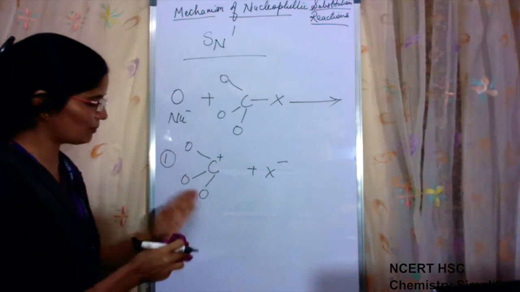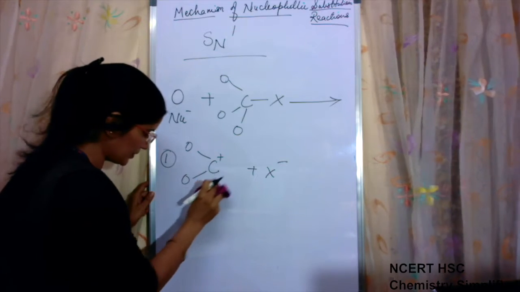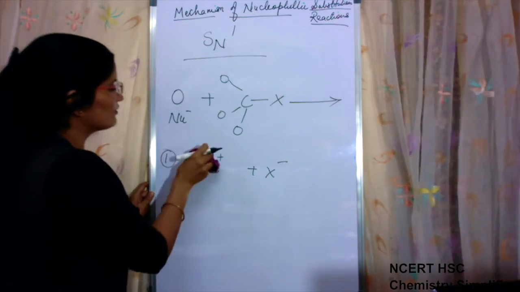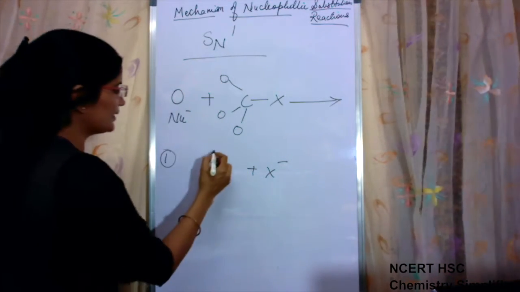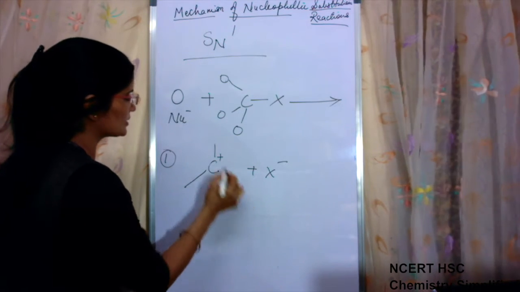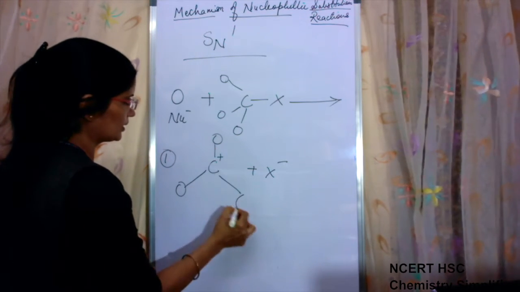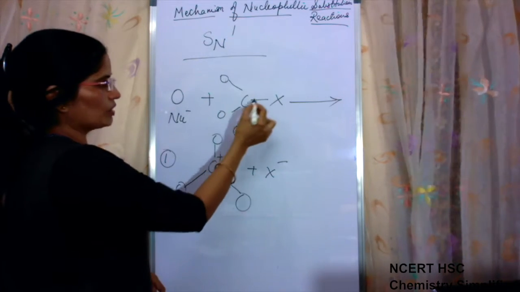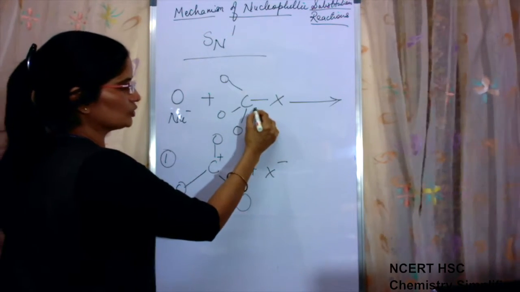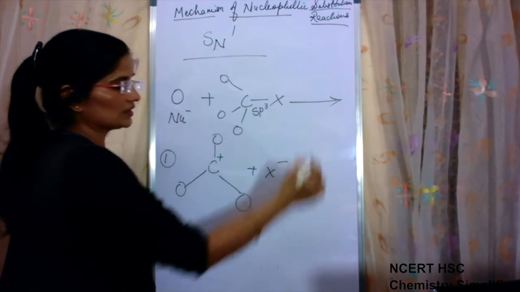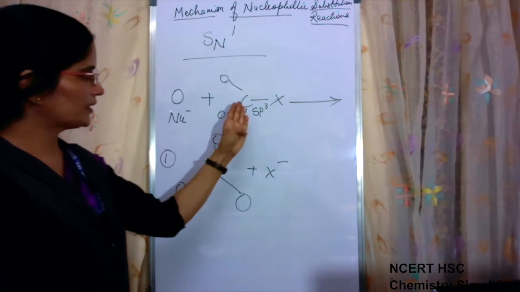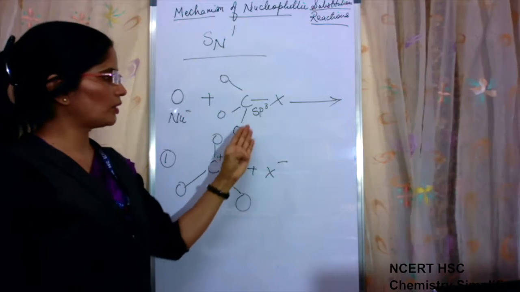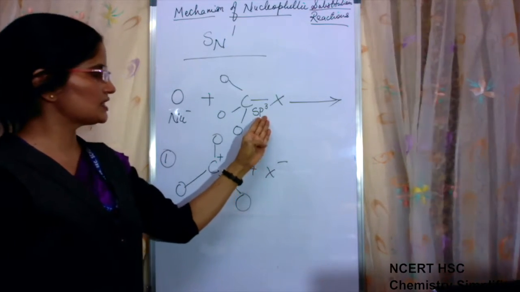Now because only 3 bonds are there, we have to correct them. They will be arranged in a different way. Previously they were on one side, now they will be arranged like this. When carbon had 3 bonds and a 4th bond here, the hybridization on the carbon atom was sp3. We know that when carbon is attached with all single bonds, the hybridization is sp3.